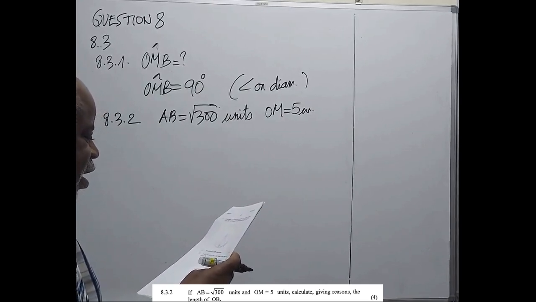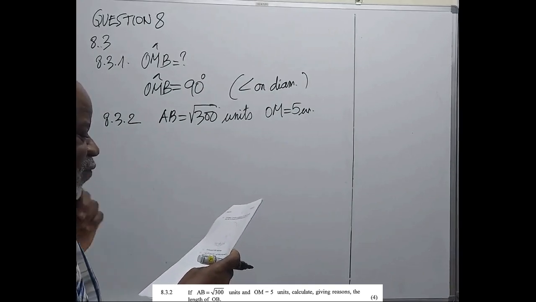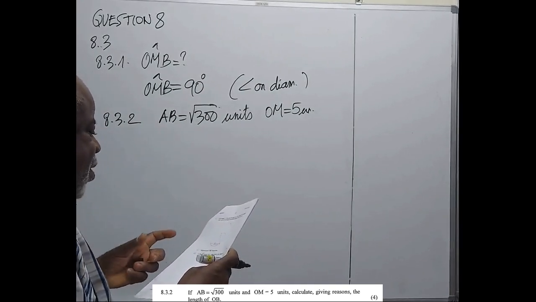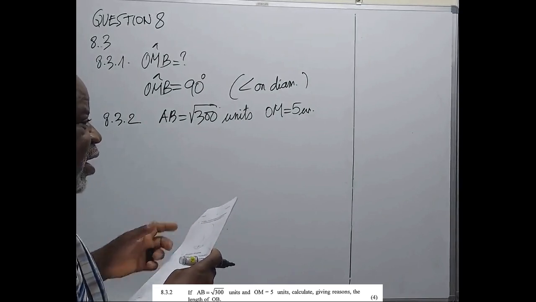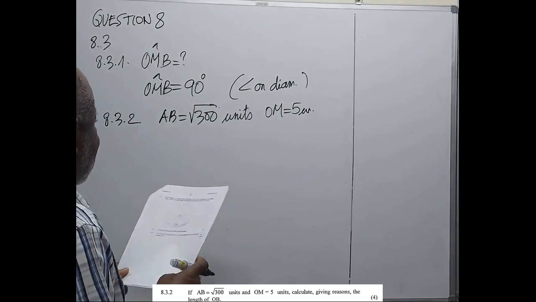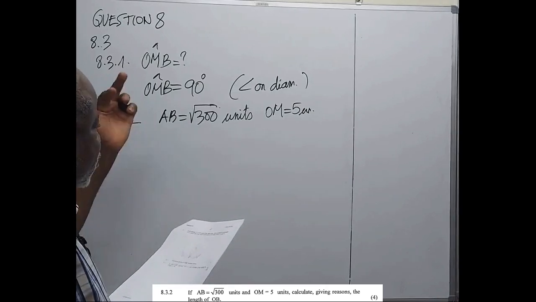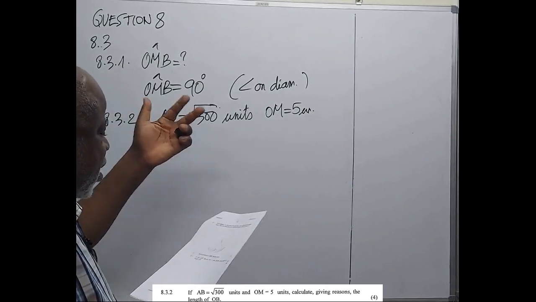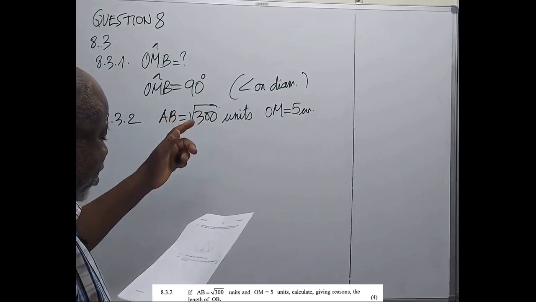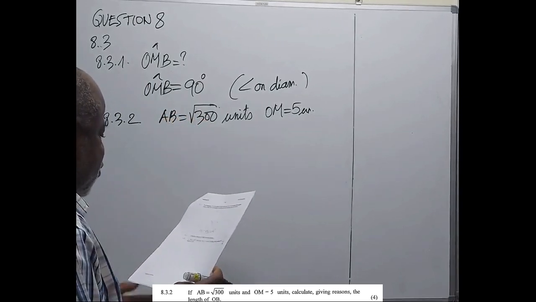OB being the diameter of the smaller circle and the radius of the larger circle. So we have AB equal to the square root of 300 and OM, the perpendicular distance, is 5 units.